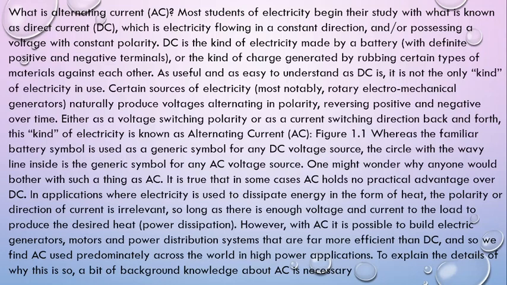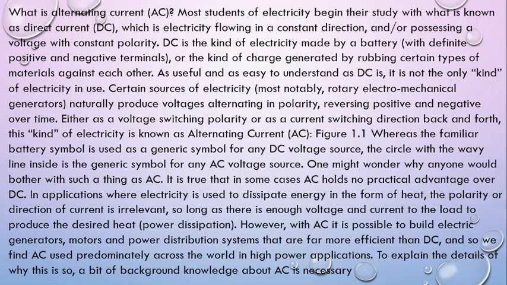However, with AC it is possible to build electric generators, motors and power distribution systems that are far more efficient than DC. And so we find AC used predominantly across the world in higher power applications.